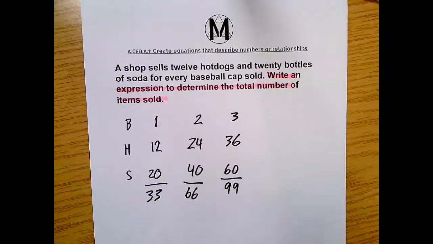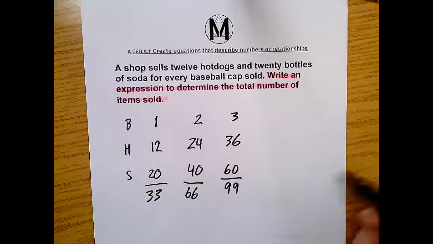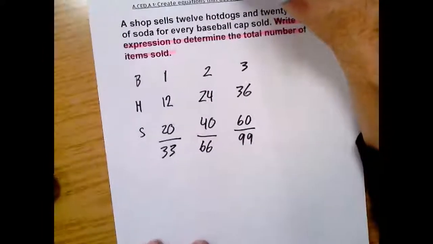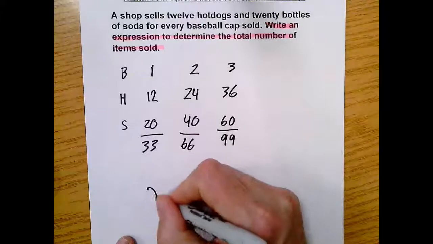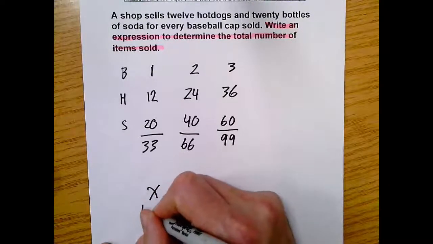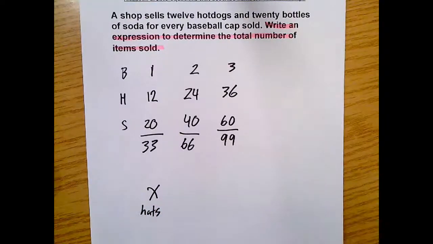Whatever happens, we just make that x. So instead of giving b a number, we're going to say that b is x. I'll scoot down a little bit. For our baseball hats, I'm going to represent them with this x. And this x is my baseball hats. I'll just write hats. Okay, and so now it's x.